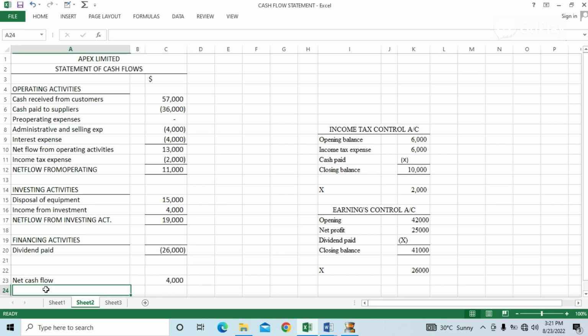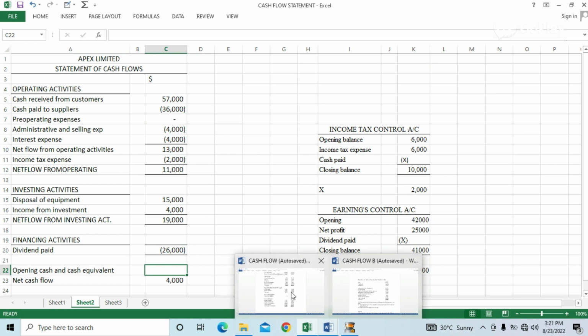So to this, we are going to add the opening cash balance. Actually the opening cash balance must come at the top. So the opening cash and cash equivalent. How much was the opening cash and cash equivalent in the balance sheet?